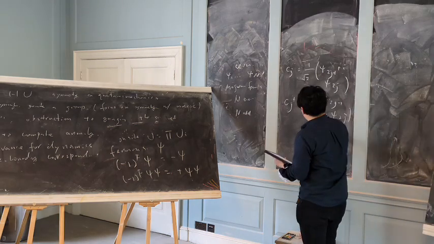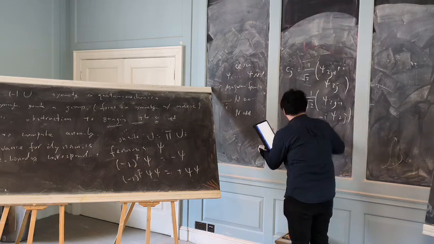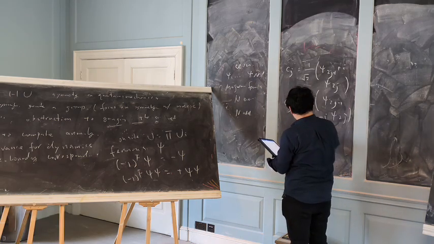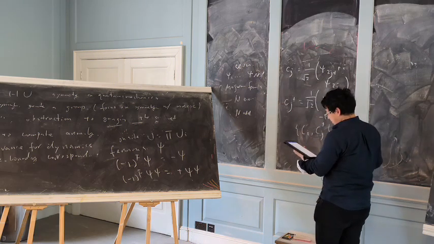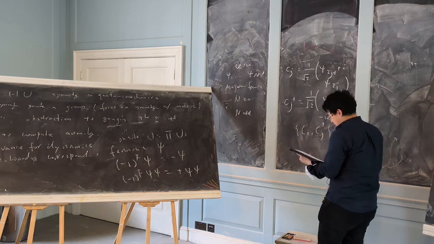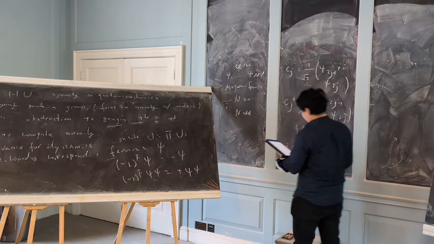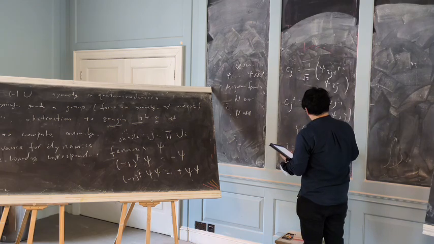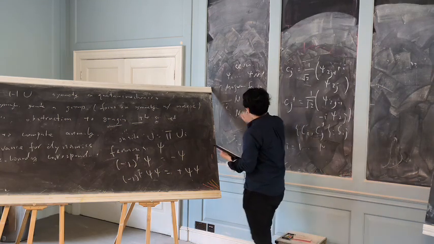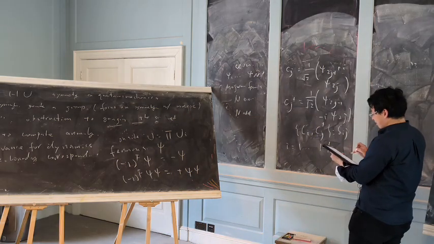And they obey the usual anticommutation relation. So the anticommutator of c_i and c_j dagger equals delta_ij. This is going to be my normalization. Here those c's will have index running from 1, 2, 3, etc. up to n over 2. Let me first assume n is even, so this is easier.